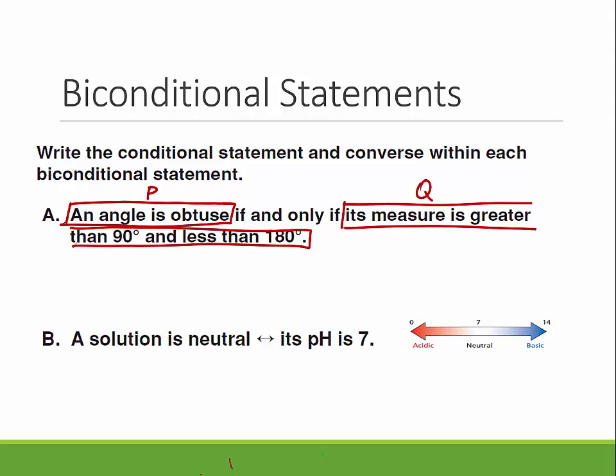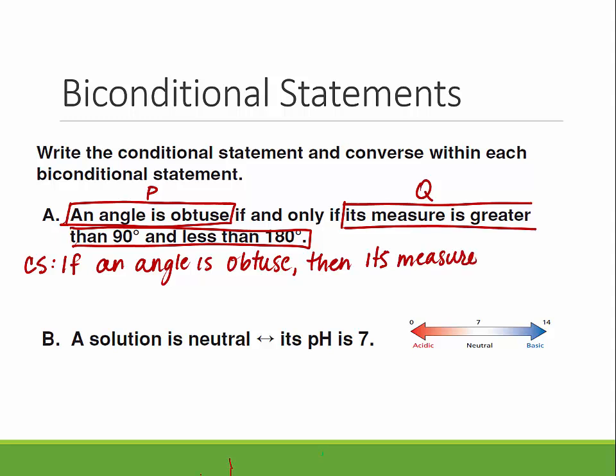So our conditional statement, what we start with, says if an angle is obtuse, then its measure is greater than 90 and less than 180.